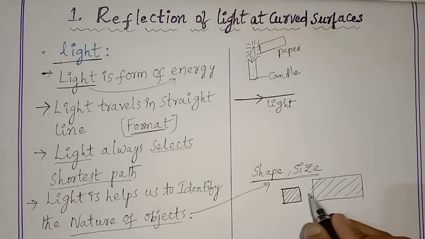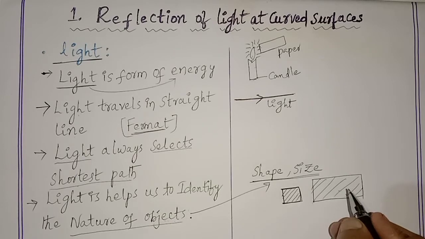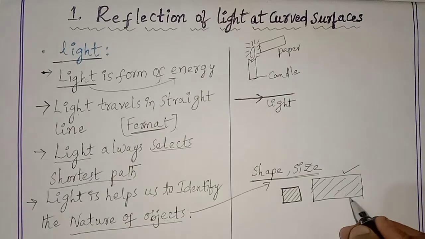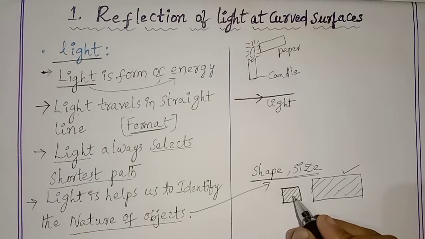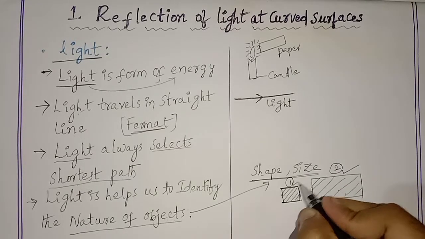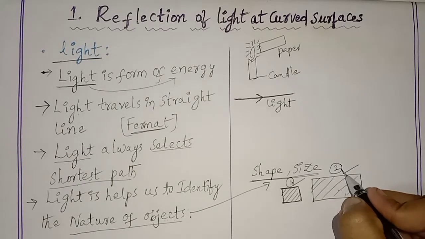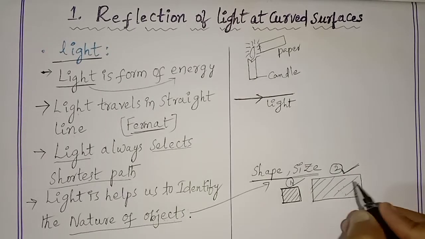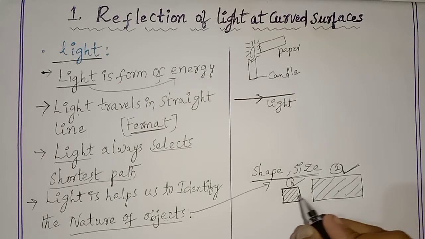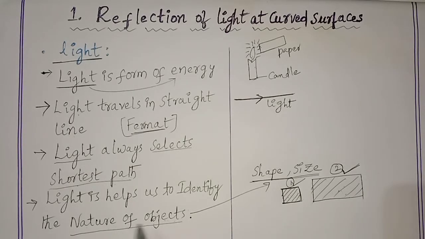When we compare shape and size of both figures, which is bigger? The rectangle is bigger when we compare it with the first object. Two objects are given here. The first object is smaller and the second object is bigger. So when we compare, which object is bigger? Rectangle is bigger than square. So this is the nature of an object.